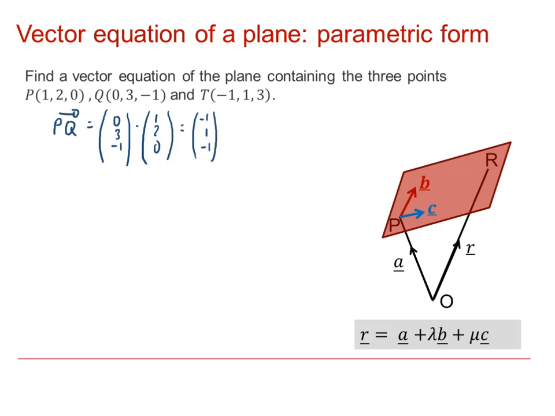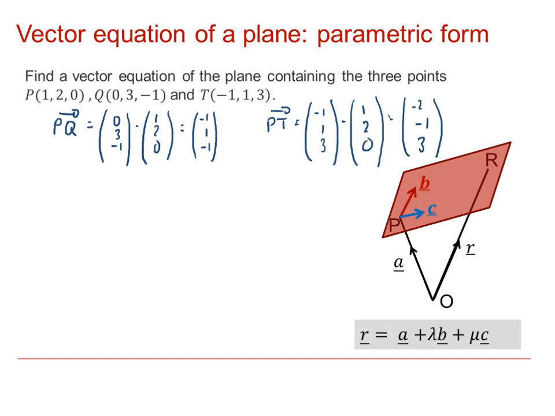A second direction vector will be from P to T. That's going to be equal to the position vector of T, (-1, 1, 3), minus the vector for P, (1, 2, 0), and that's equal to (-2, -1, 3). So those are our two direction vectors.